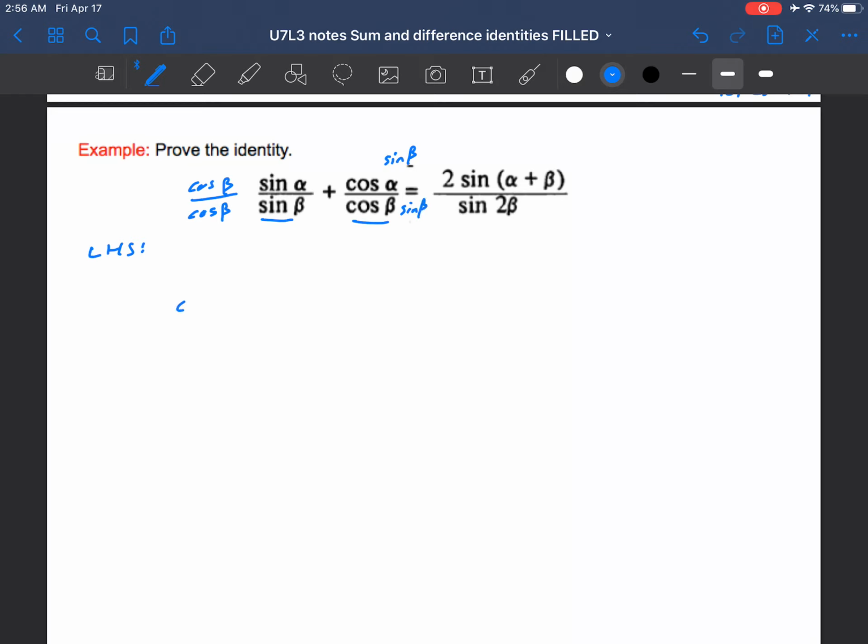So that means that we get cosine beta sine alpha plus cosine alpha sine beta all over that common denominator, which is cosine beta sine beta.